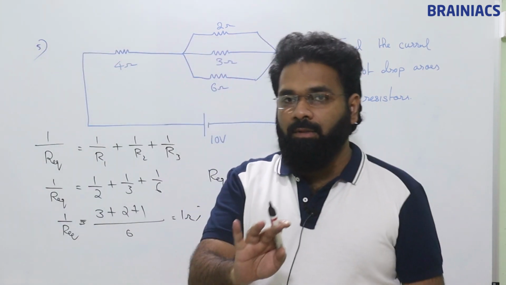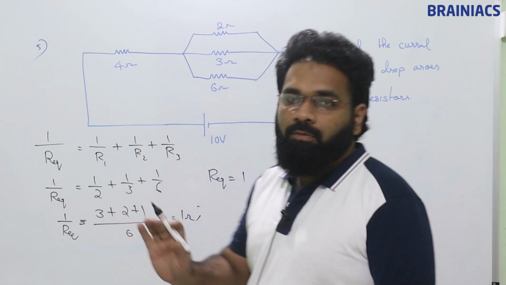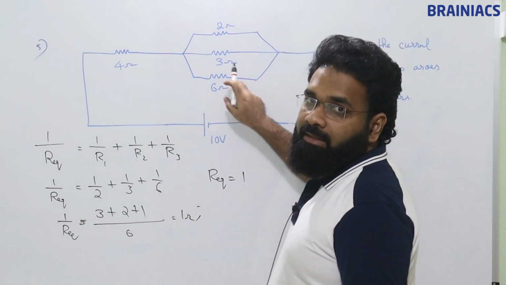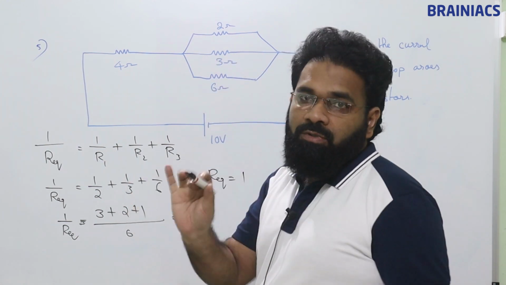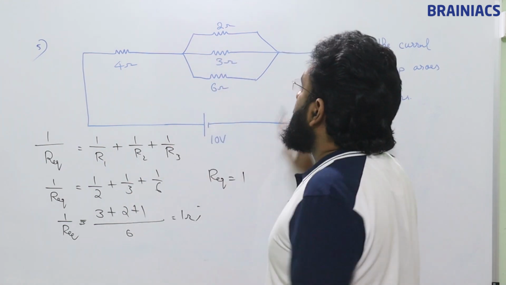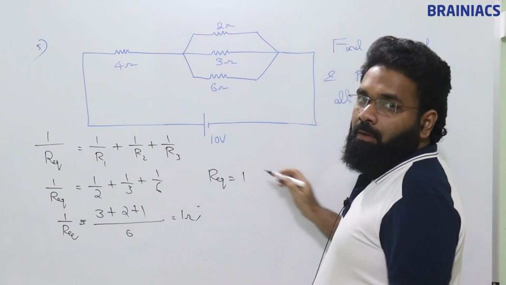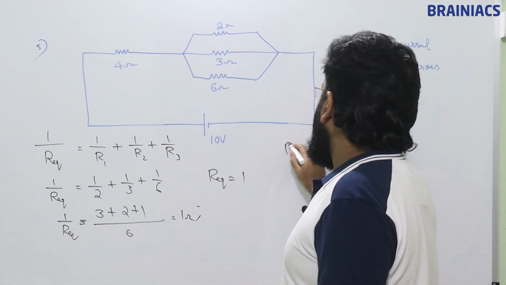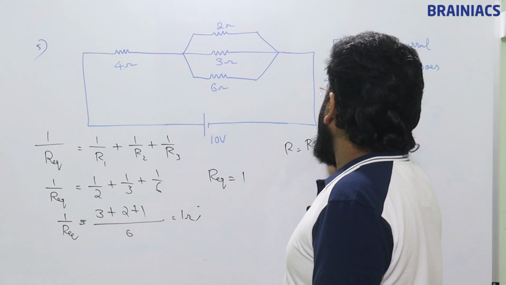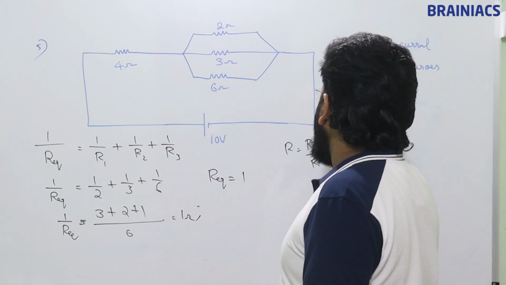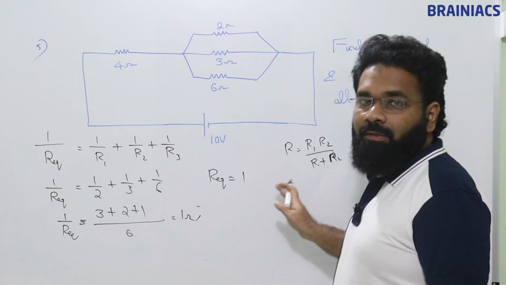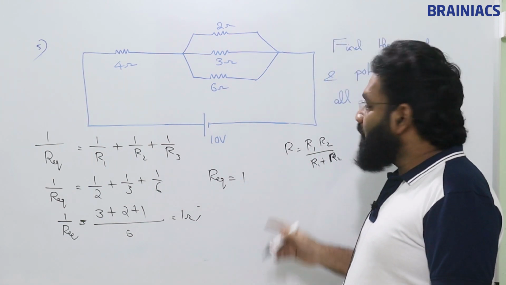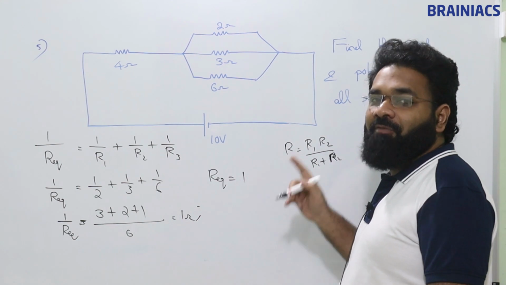This is the direct method. Now just see how to take the equivalent resistance in competitive exams without using pen and paper. You know R is equal to R1 R2 divided by R1 plus R2. You might be thinking, without using pen and paper, sir has written the formula.